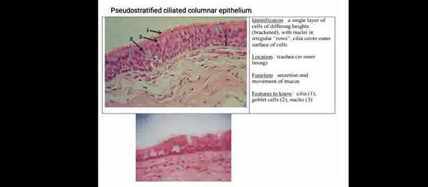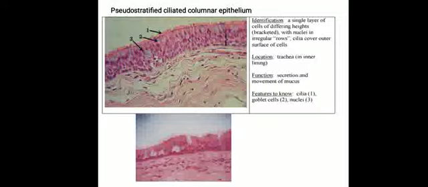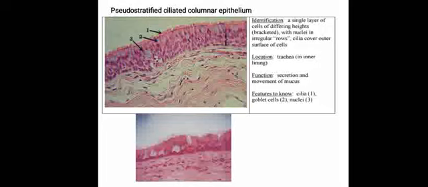So we have pseudostratified ciliated columnar. This one consists of a single layer, but it always behaves as if it has many. If you look at it, we say a single layer of cells of differing heights, with nuclei in irregular rows. Cilia cover the outer surface.